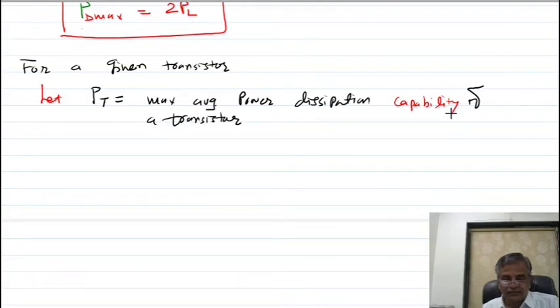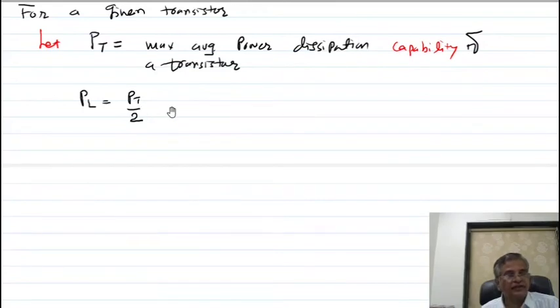For a given transistor, if PT is the maximum average power dissipation capability, then at the most you can deliver only half of this power to the load, not more than that.